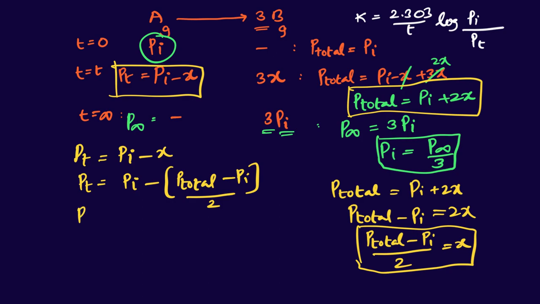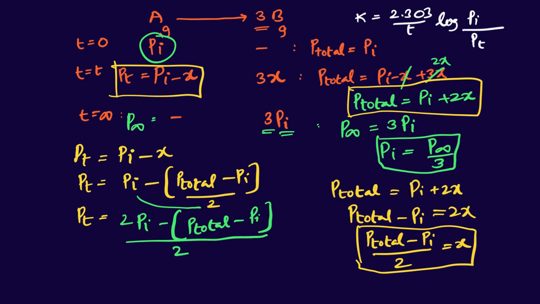This can be rearranged as 2Pi minus P total minus Pi, divided by 2.